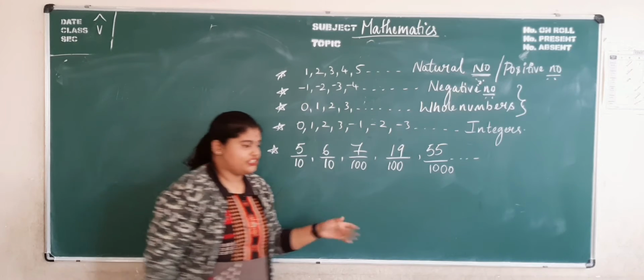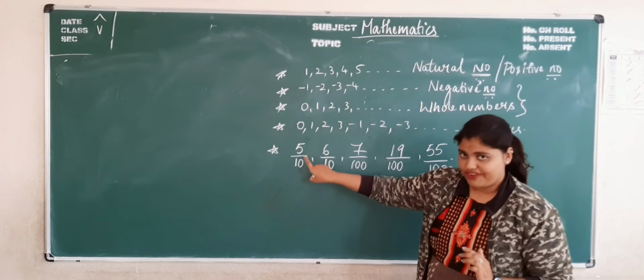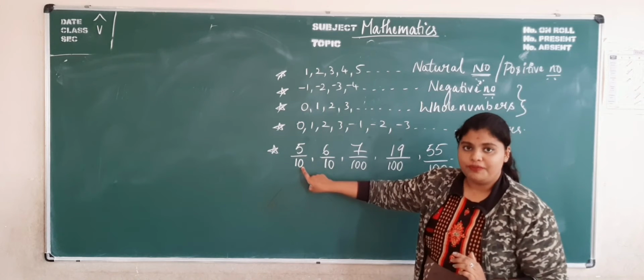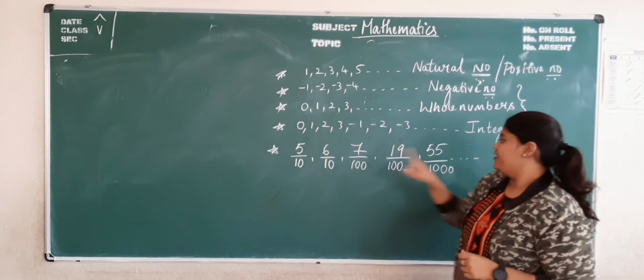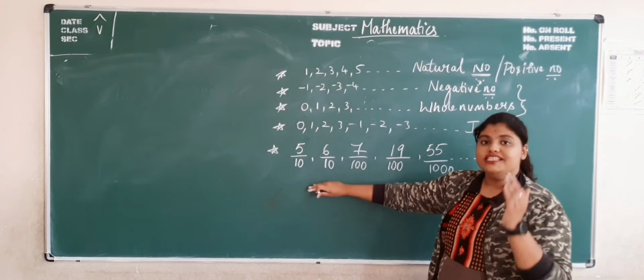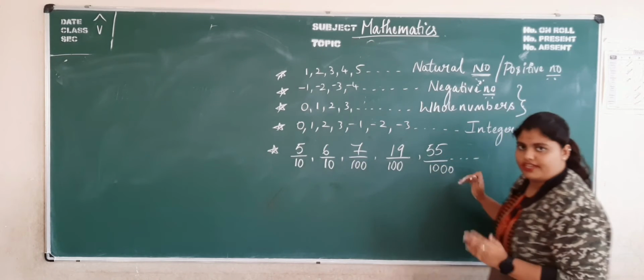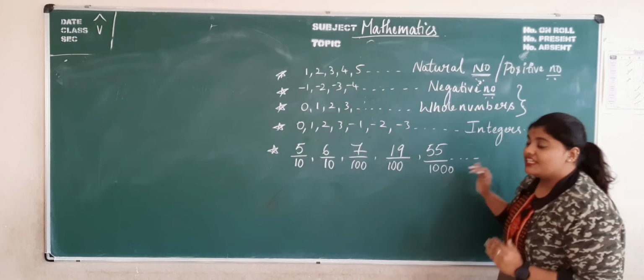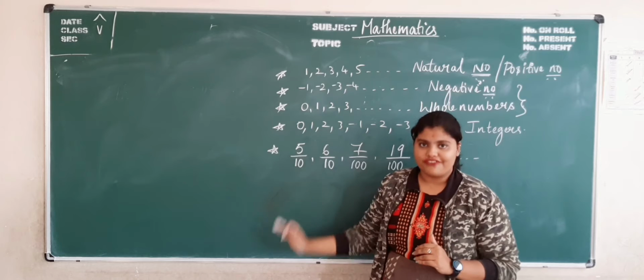Yes, they are fractions. Whenever the denominators in the fraction are either 10 or 100 or 1000 or 10,000 and so on, then such fractions are called decimal fractions.